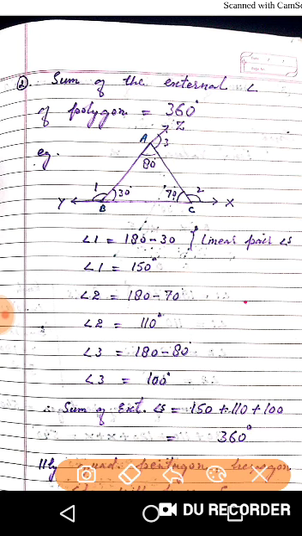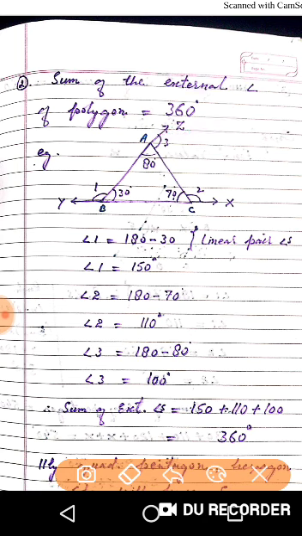But there is a property that for every polygon, whether it is a triangle, quadrilateral, pentagon, hexagon, heptagon, or any other polygon, the sum of the external angles of the polygon is always equal to 360 degree. This is a property, that the sum of the external angles of a polygon always comes out equal to 360 degree.